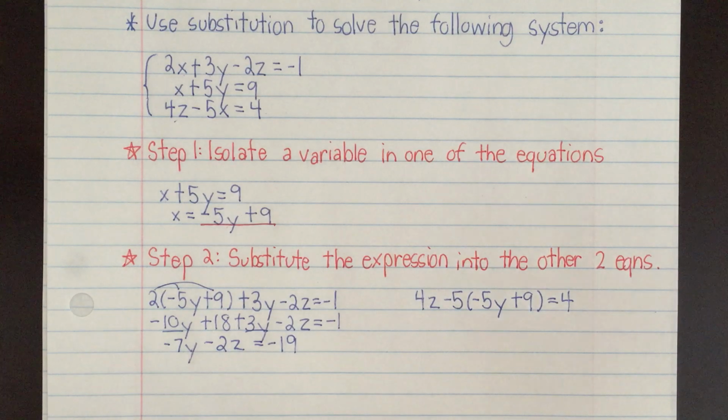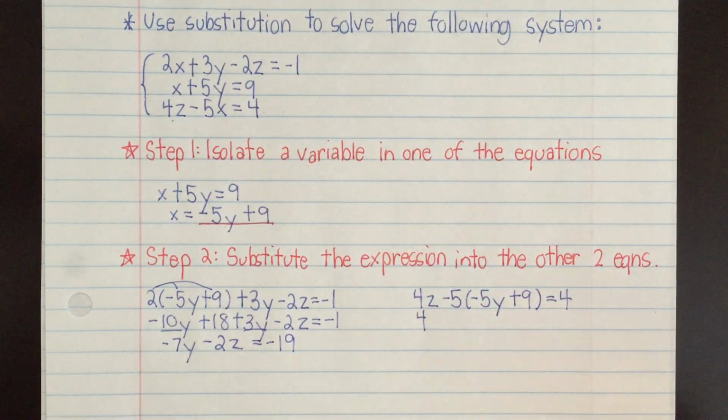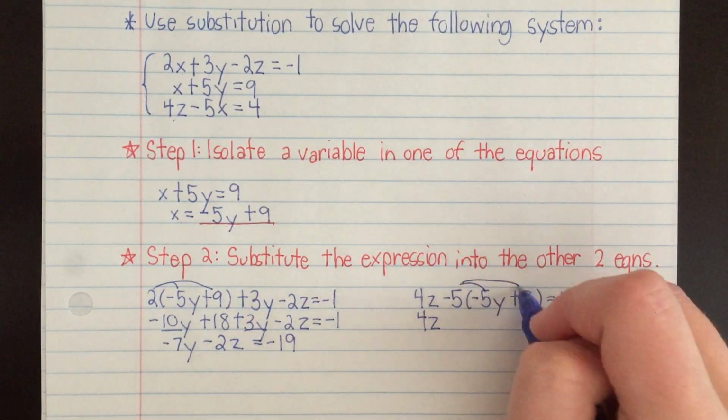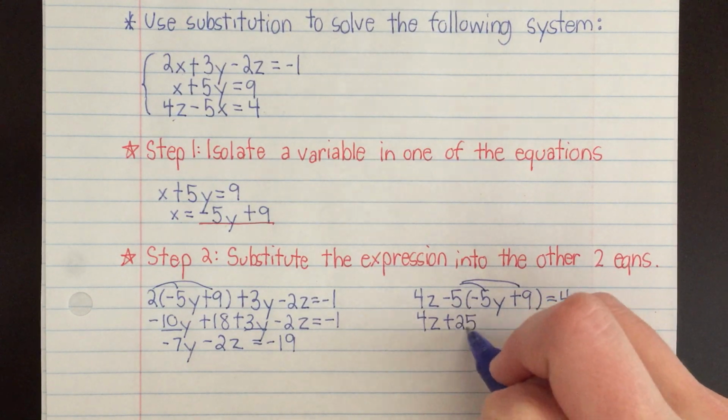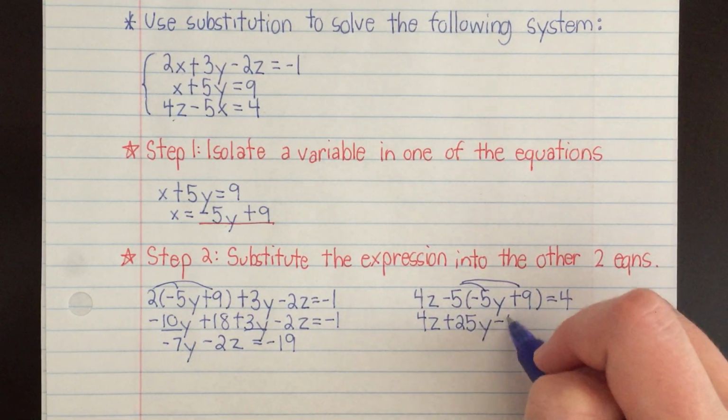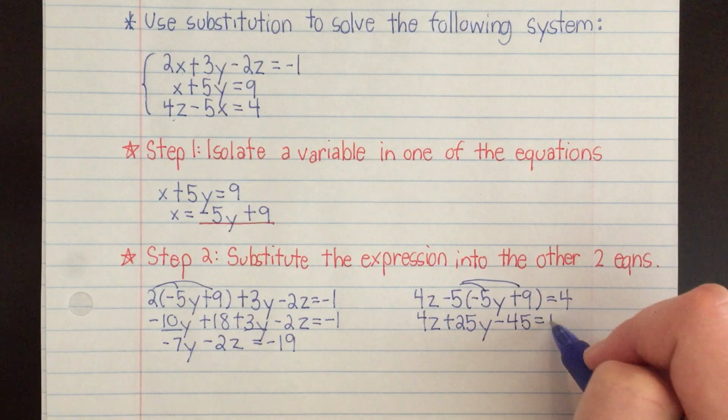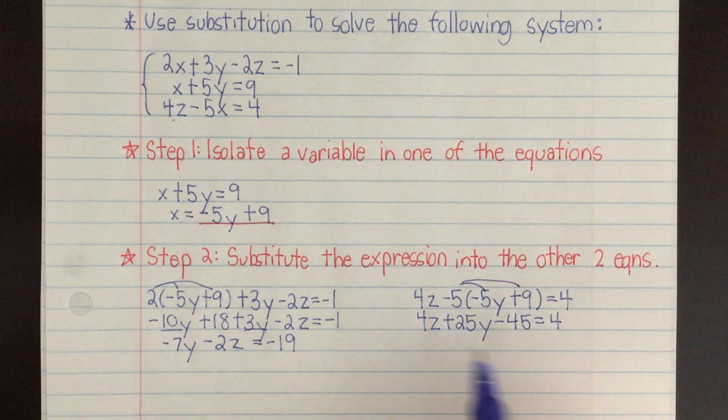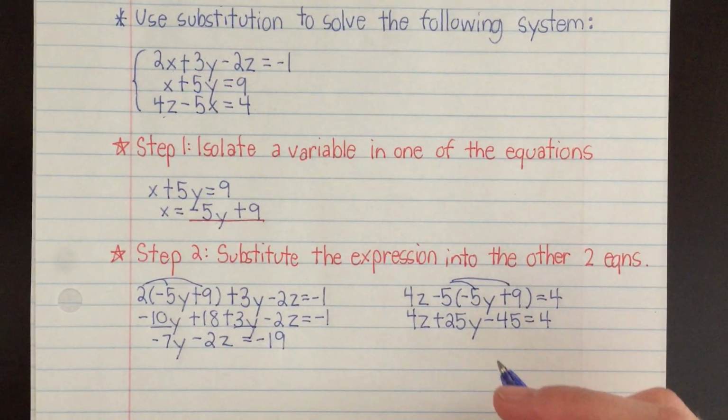Now clean up this one, 4z. When I distribute, plus 25y minus 45 equals 4. I don't have any like terms to combine here.